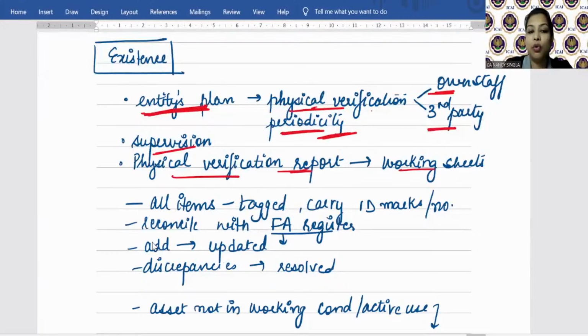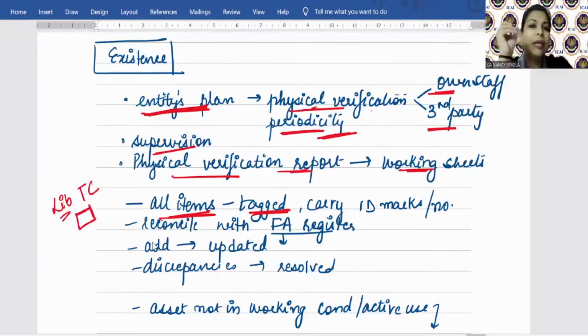Physical verification ka report ko compare karna hai working sheet se. All items should be tagged. Students, you must have seen na ki libraries mein when there are table and chairs, hai na, to wahan par there are some markings whereby the name of the client, some ID marks are mentioned, hai na, the number of the chair, hai na, all that is mentioned. So auditor will see whether that is actually happened or not.